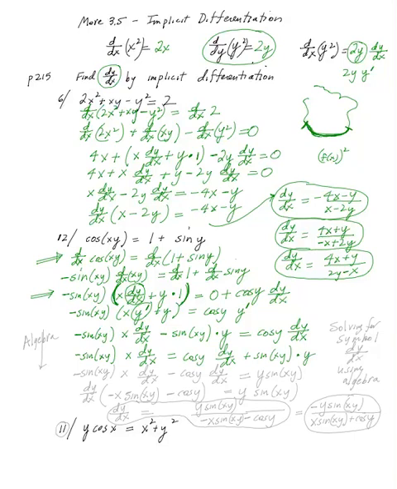Now I'll subtract cosine y dy dx from both sides to get that term on the left. Again, I want terms with dy dx on the left. And I'm going to say y sine xy. We usually like simpler things out front.